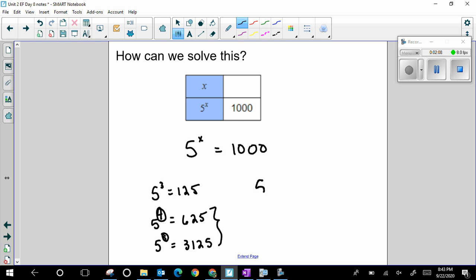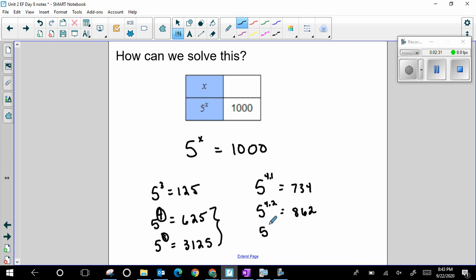So you could use your calculator and do 5 to the 4.1. And that is about 734-ish. You could go 5 to the 4.2, which is about 862-ish. So we're getting closer to 1,000.